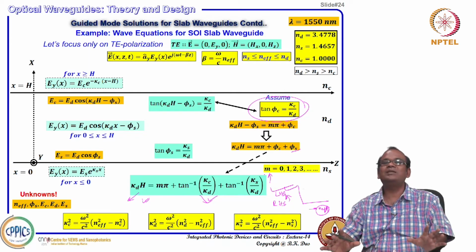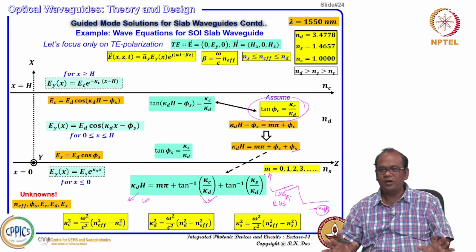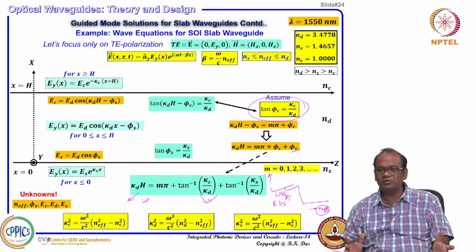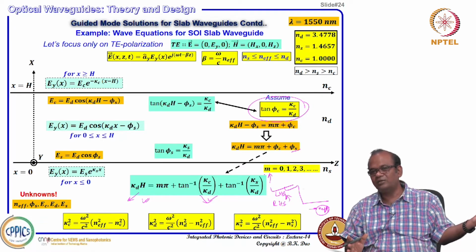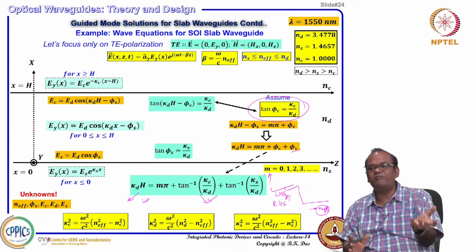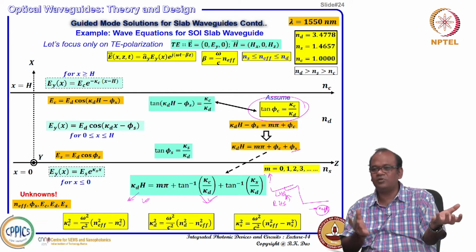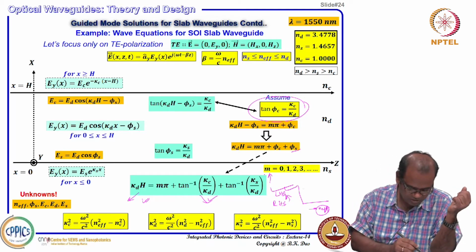But here we do not have any theta, we have only the solution for the effective index, and then we can see how the coupling works whenever you are shining light from the output side and trying to launch different modes. How much they will be coupling to different modes, that weightage we should find out in a different way. You do not need to bother about theta, whether it is satisfied or not, those things you do not need to concentrate on.